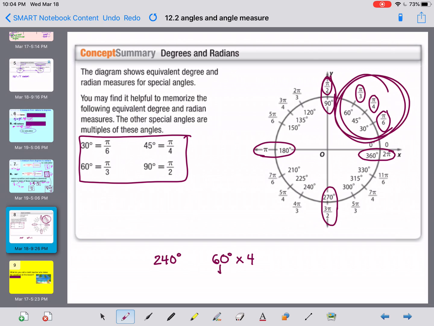So if you know that 60 is pi over 3, if you know that value off the top of your head, you can say, oh, if I just multiply that by 4, I get 4 pi over 3. So that's how that could work to your advantage. It skips the whole converting from degrees to radians by multiplying the way we just did in the previous slide. And it just gets you there a little bit faster, which is always an advantage.